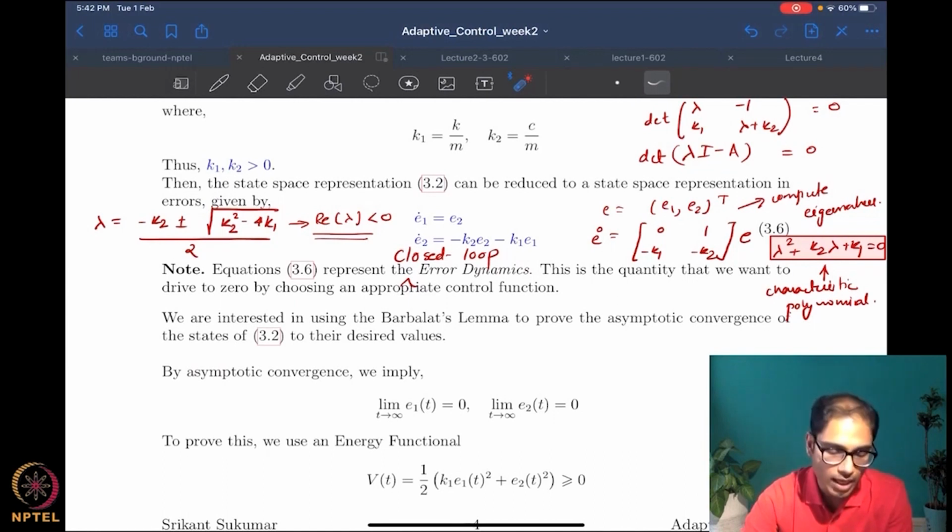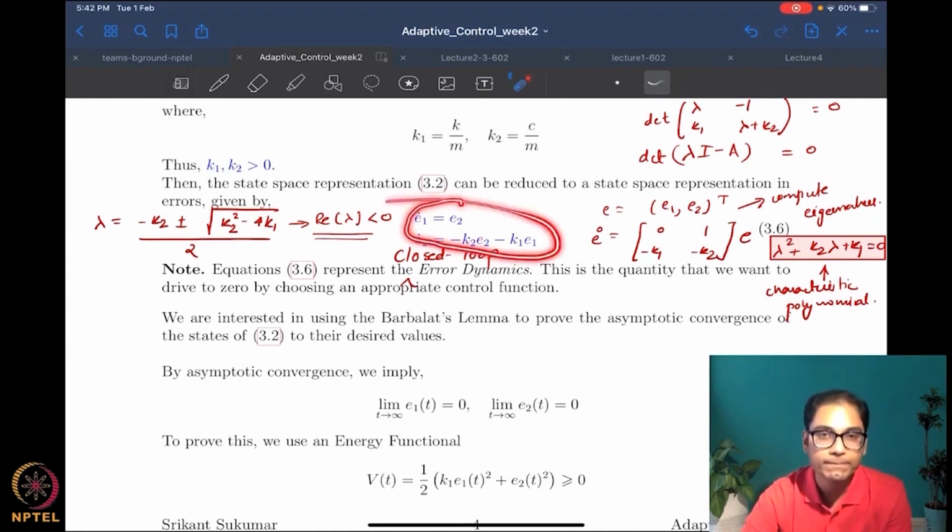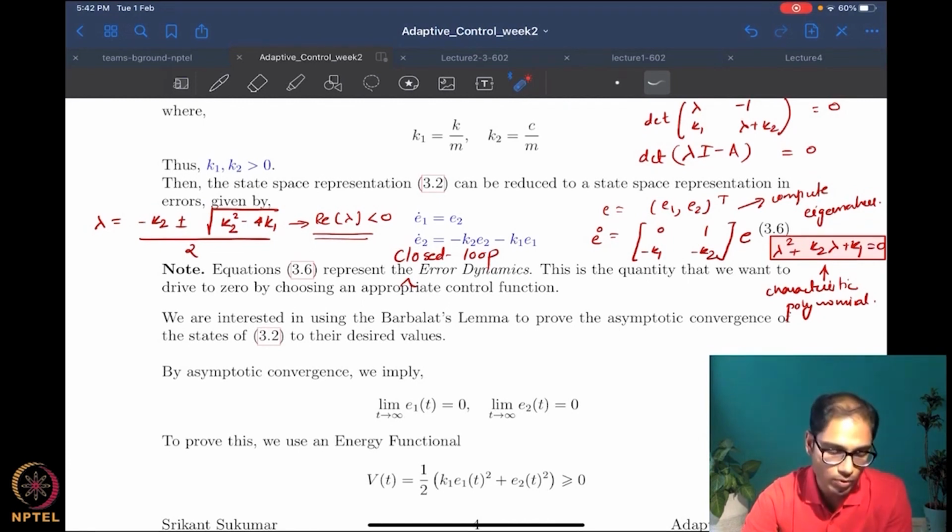Your target system may not be linear. In such cases you are forced to use nonlinear analysis methods, and that's what we will see next time: how to prove exponential convergence using Barbalat's lemma and potential function methods. Okay, great.